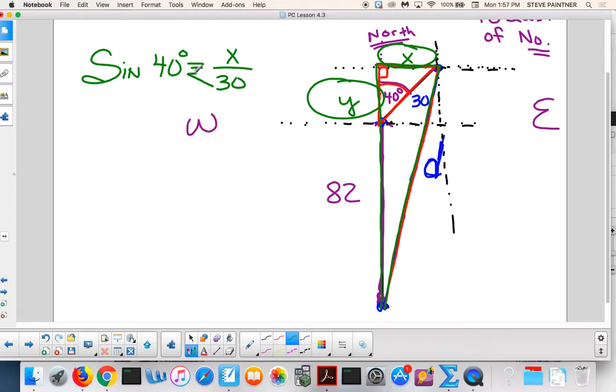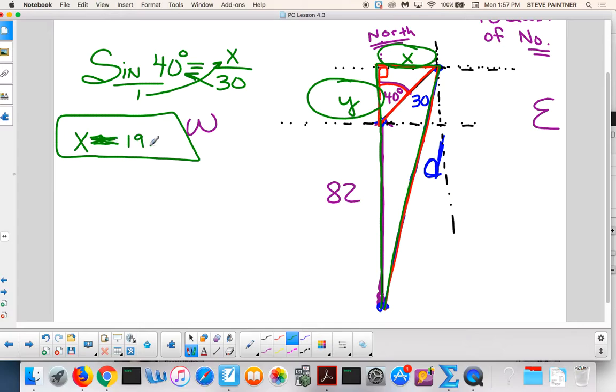Oh, this is so easy. 30 times this equals X. What does X equal? Let's do nearest hundredth. 19.28. Okay, I got it. This is 19.28.